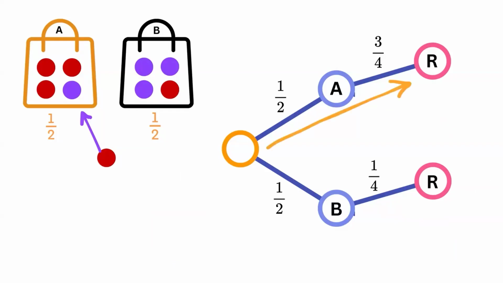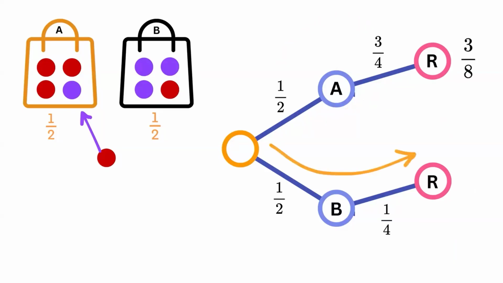Along the path where we have bag A, then red, the probability will be the product of 1/2 times 3/4, which equals 3/8. And the next is along the path where we have bag B then red, whose probability will be the product of 1/2 times 1/4, which equals 1/8.